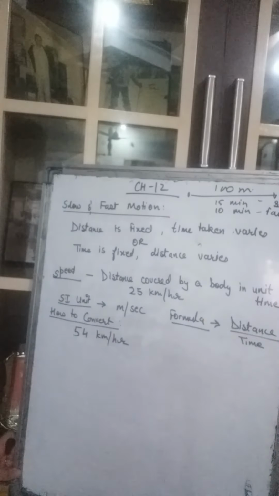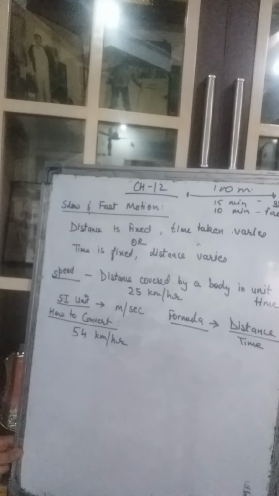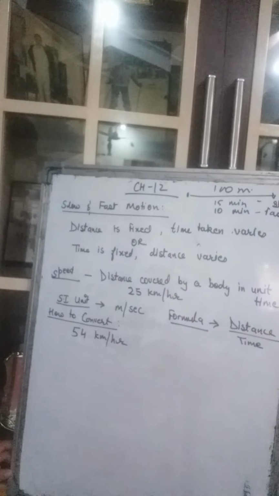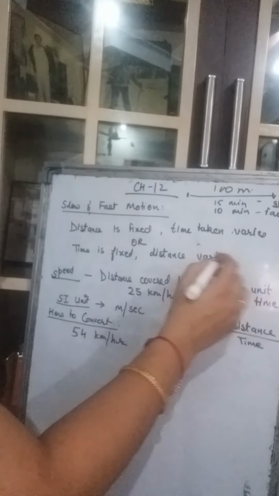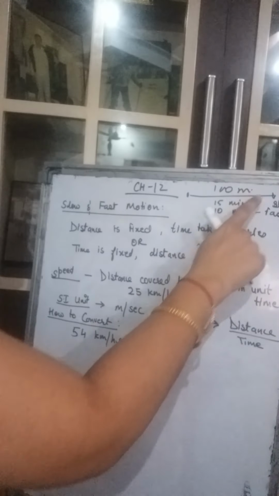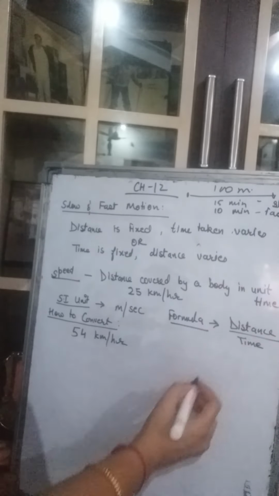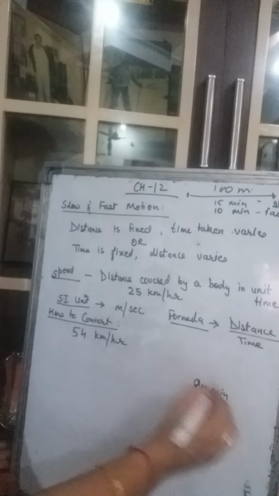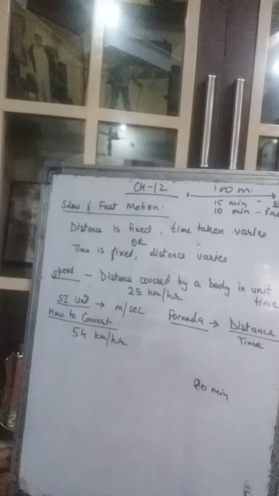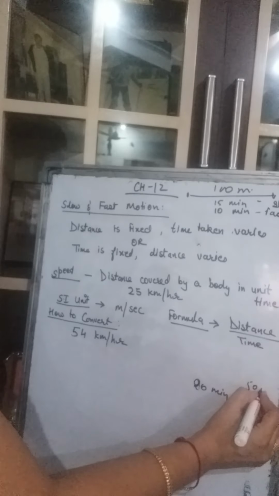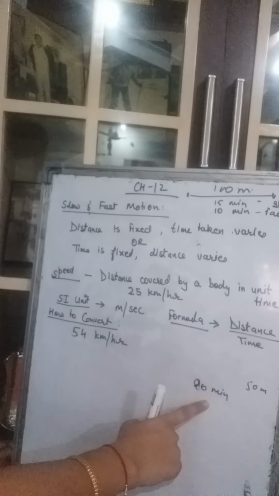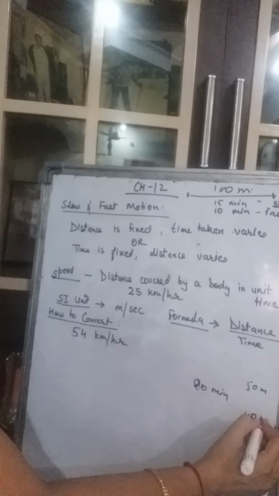Now, the other method of measuring whether a vehicle is moving fast or slow is if the time is fixed and the distance varies. For example, the time taken by both vehicles is, let us say, 20 minutes. In 20 minutes, the first vehicle covers 50 meters, and the second vehicle, in 20 minutes only, covers 100 meters.